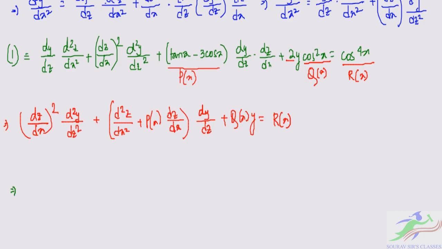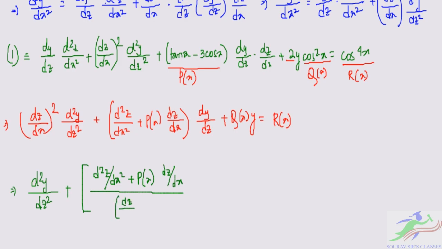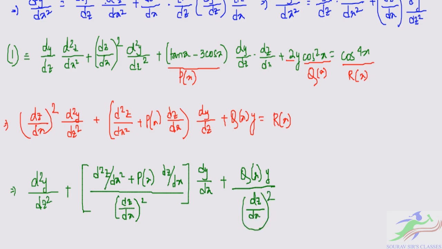So from here we can simply write d2y/dz2 plus (d2z/dx2 plus p(x) dz/dx) divided by (dz/dx) whole square times dy/dz, plus q(x) y divided by (dz/dx) whole square, equal to r(x) by (dz/dx) whole square.